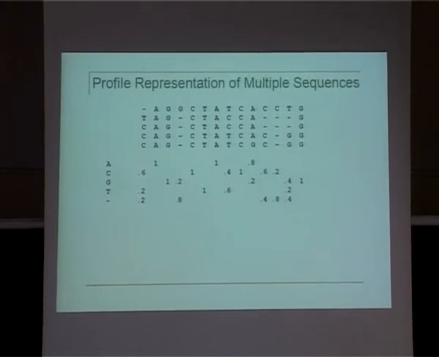So this is a simple profile representation in which at each position in the sequence we have a distribution of nucleotides. Here the distribution is just A, all A and nothing else. In the second position, if another sequence wants to belong to this family, it has to have an A in the second position, because all the family members have an A in their second position.